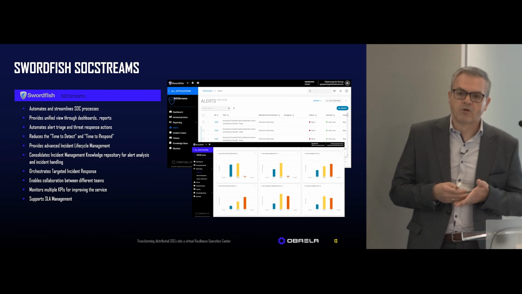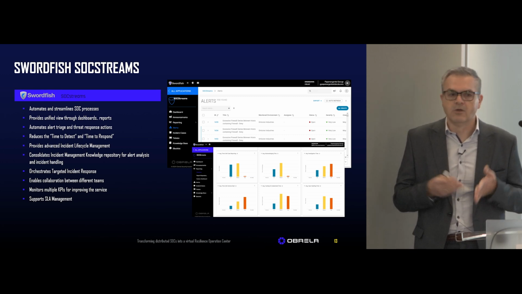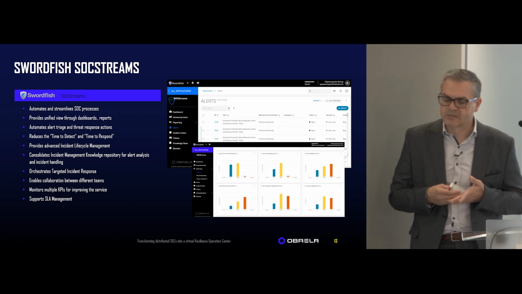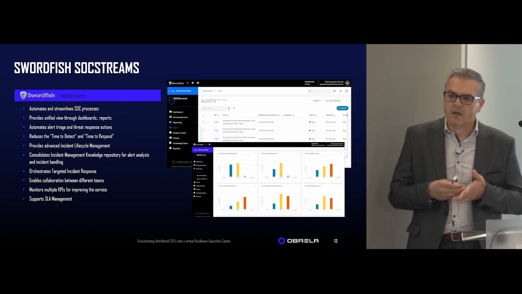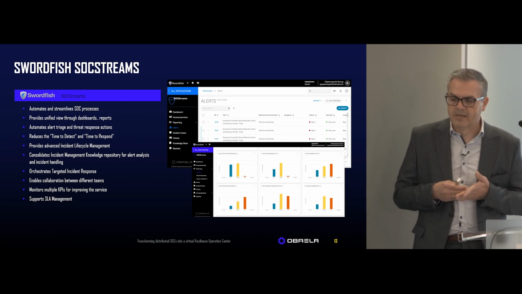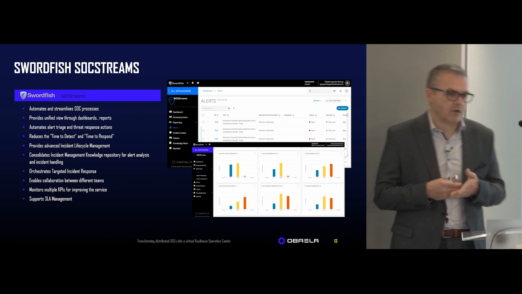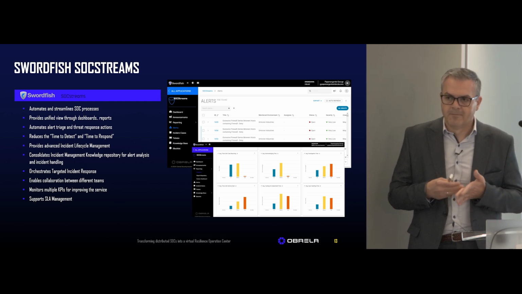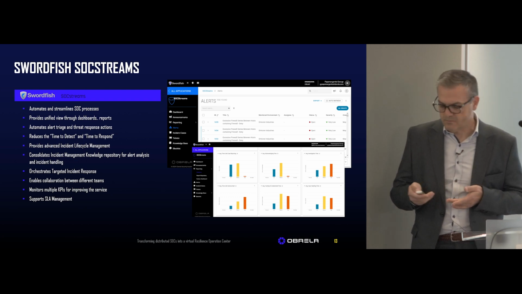Security analysts can work from one pane of glass to quickly understand the security posture of the customers, identify the most critical threats, and drill down to get more details, helping to streamline the investigation and response workflows. The platform eliminates the need to pivot between tools.